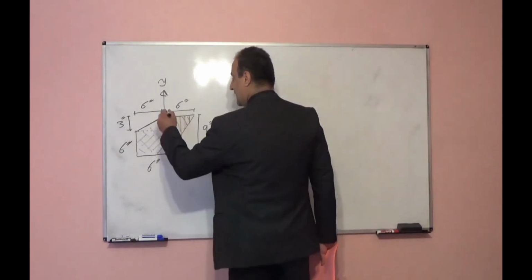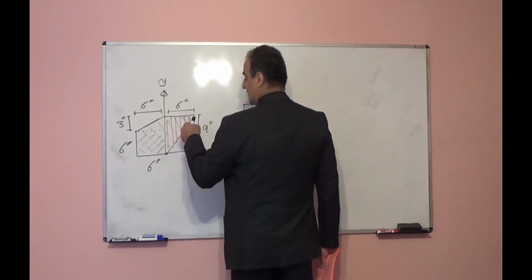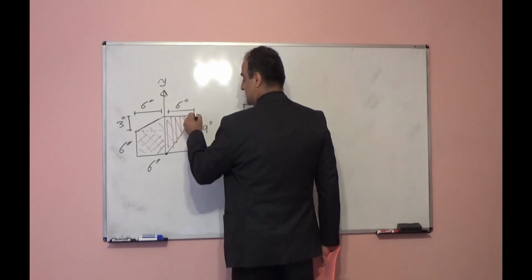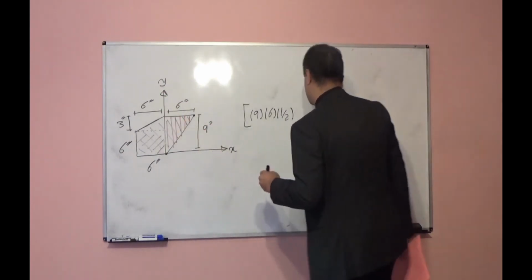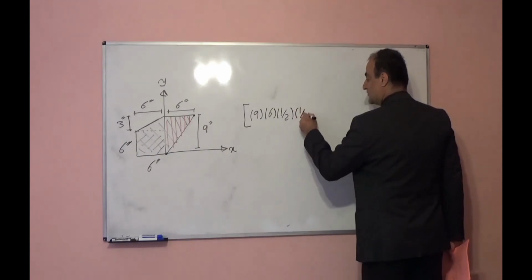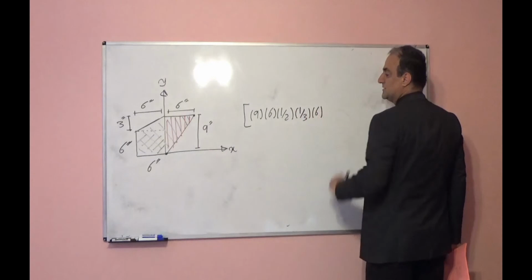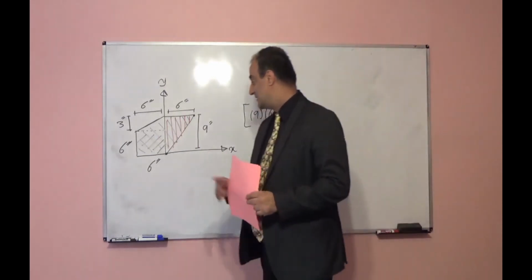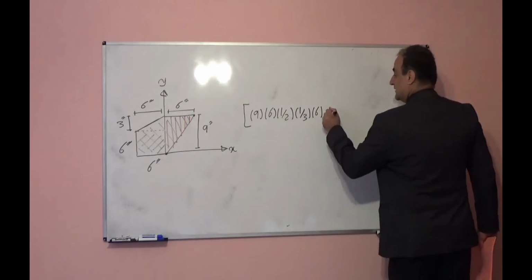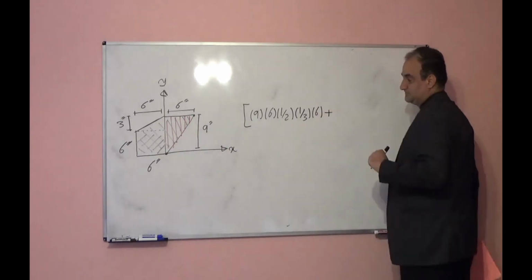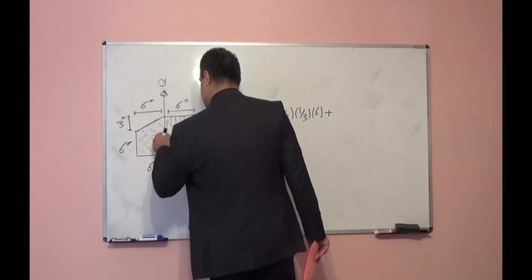It will be 1/3 of 6, because the centroid of triangle is 2/3 from tip and 1/3 from this side. So it will times 1/3 times 6. This will be moment of area for this triangle, plus moment of area for this square shape.